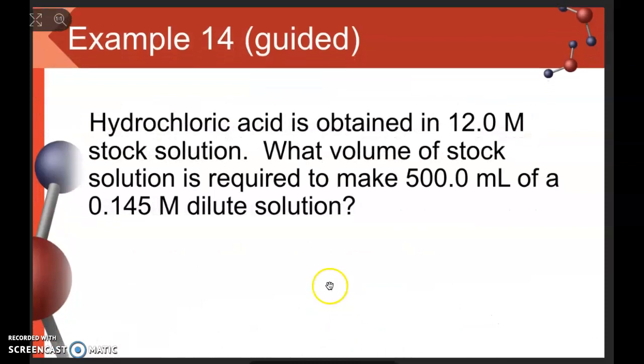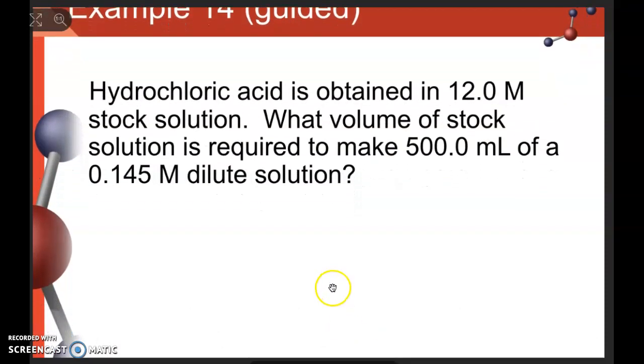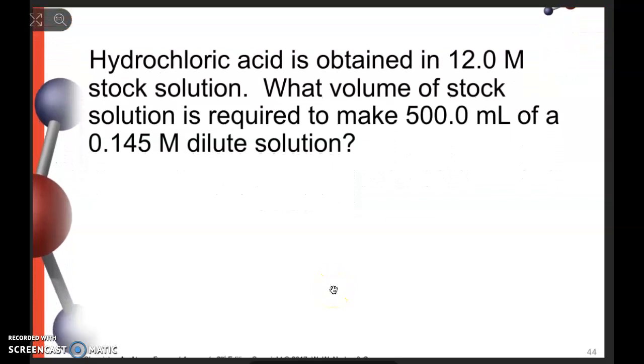Hydrochloric acid comes from a 12 molar stock solution. What volume of stock solution is required to make 500 milliliters of a 0.145 molar dilute solution? Well, using my dilution equation, M1 V1 is equal to M2 V2. I know M1.